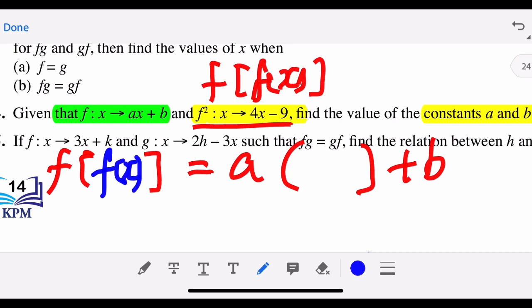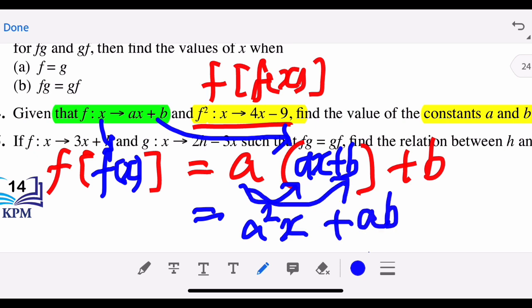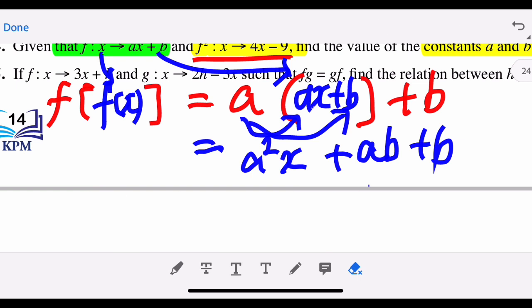Now here I will substitute ax plus b. Right goes to right, left goes to left. So you simplify: a times a is a squared, x no square, and a times b, you will get ab plus the b. So please expand carefully so that you won't make careless mistakes.